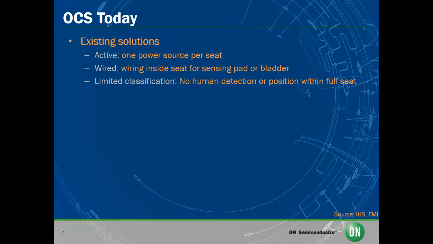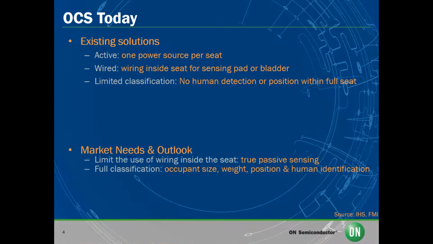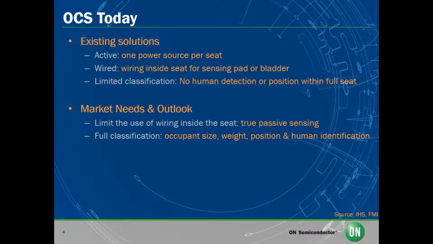Current solutions also have no way of detecting if a person or an object is occupying the seat and where their position is within the seat. So to innovate and meet the market needs for a truly passive, wireless, and innovative detecting solution, ON Semiconductor brings about our smart passive sensors.